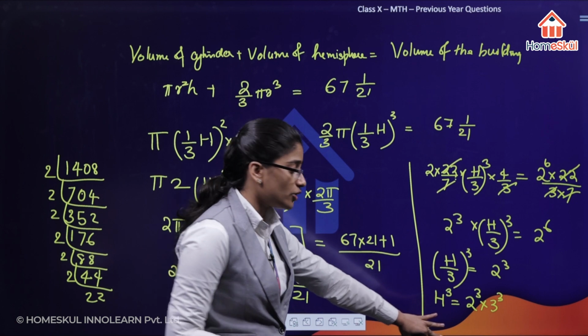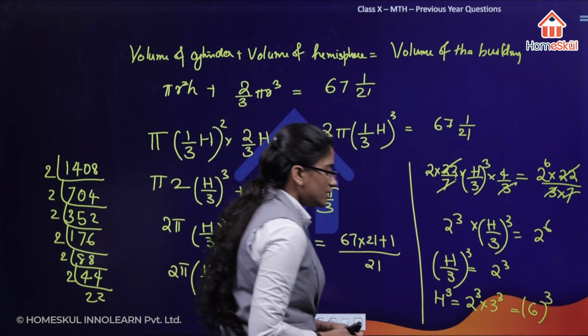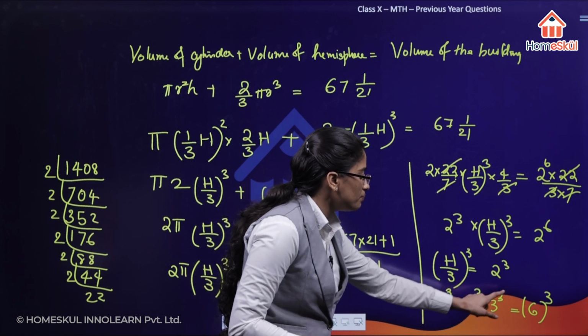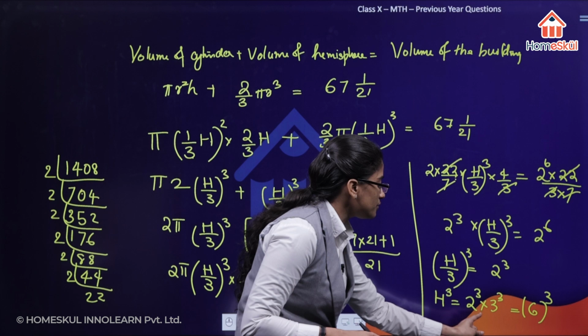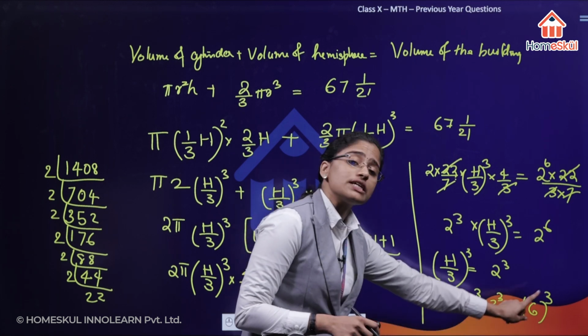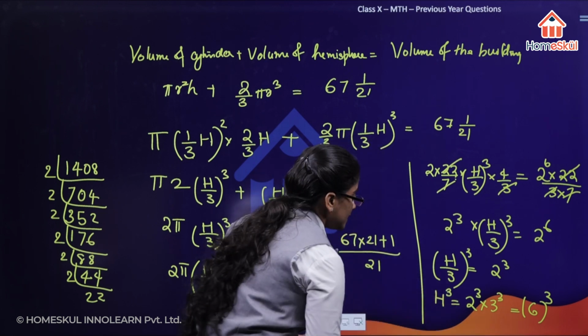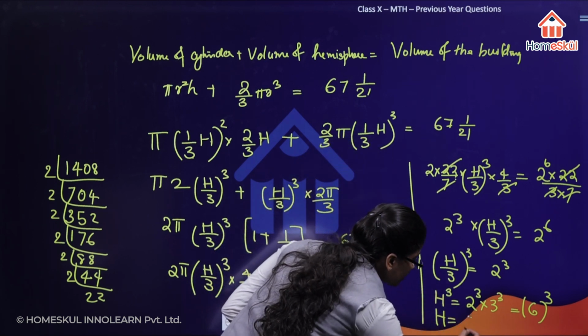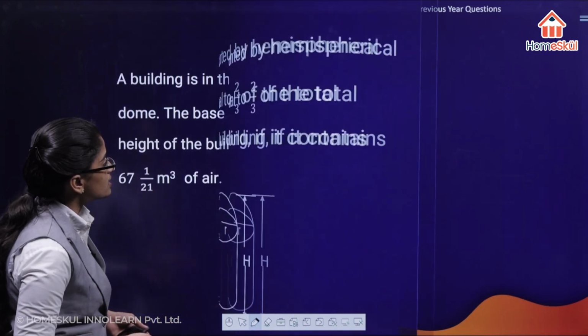That is equal to 6 raised to 3. A raised to m into b raised to m is equal to ab the whole raised to m. So 2 raised to 3 times 3 raised to 3 is equal to 6 raised to 3. We are having h cube is equal to 6 raised to 3. That means the value of h is equal to 6.